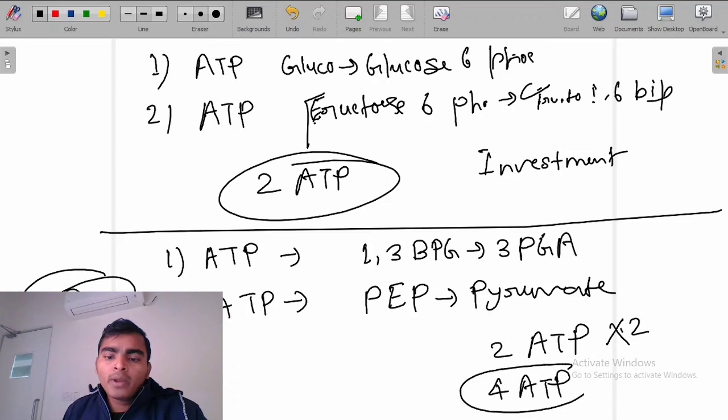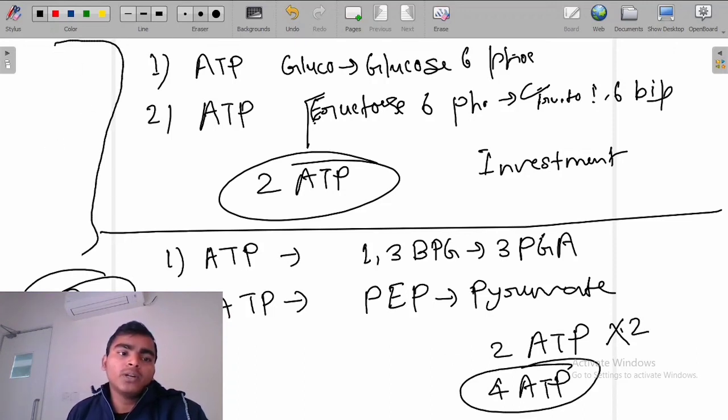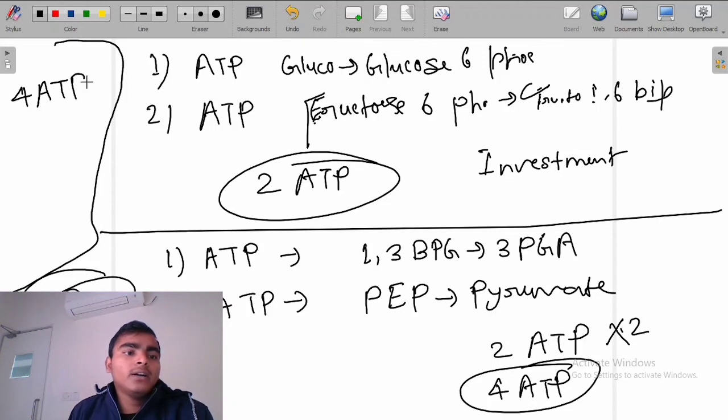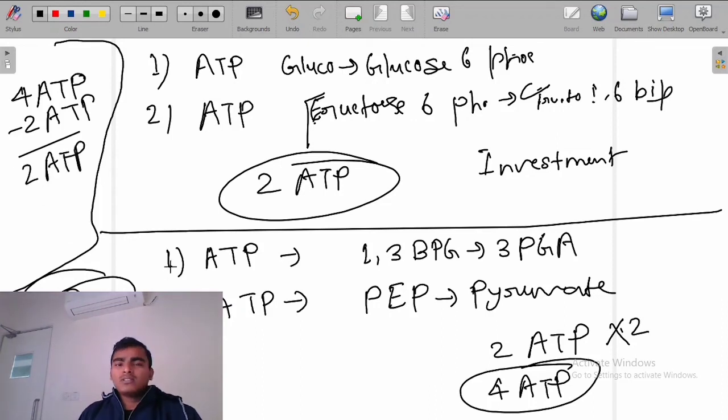So 4 ATP we got from one glucose molecule, and the total investment was 2 ATP. So now we have a net gain of 2 ATP molecules. This is what we were looking for.